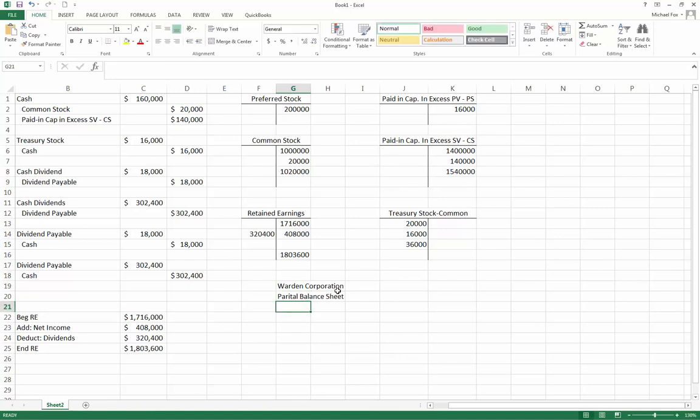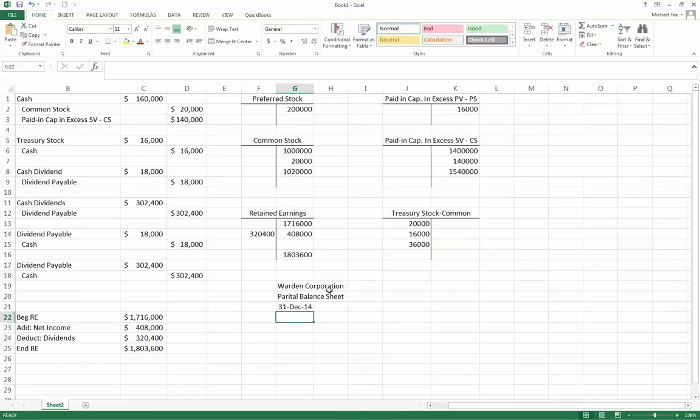We don't have the assets or the liabilities, right? And this will be the stockholders' equity. And we're doing the paid-in capital section. Actually, we're doing both because we're doing retained earnings as well.